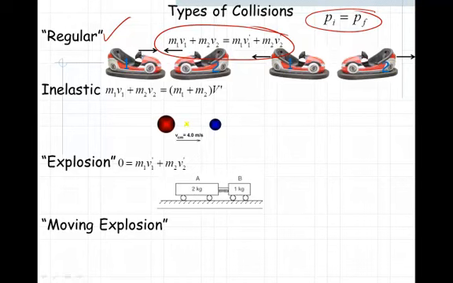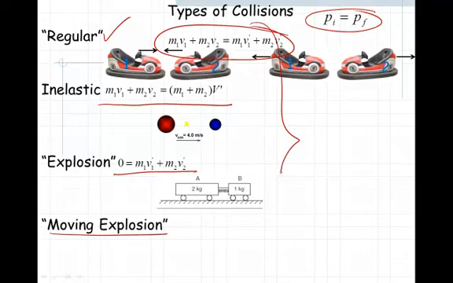An inelastic collision would be a different version of our two-body collision, what it would look like that. For an explosion collision, we would use this, and we'll talk later about moving explosions. But what's most important is that the solution of all of these types of collisions should stem from the conservation of momentum equation. This is the most important equation.